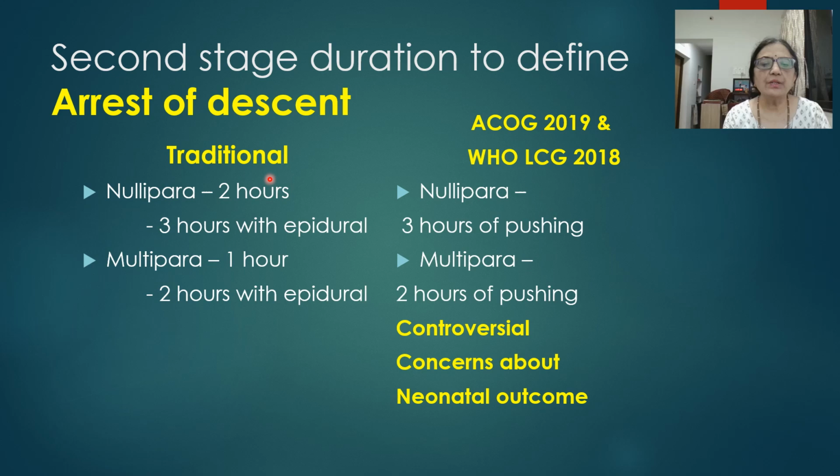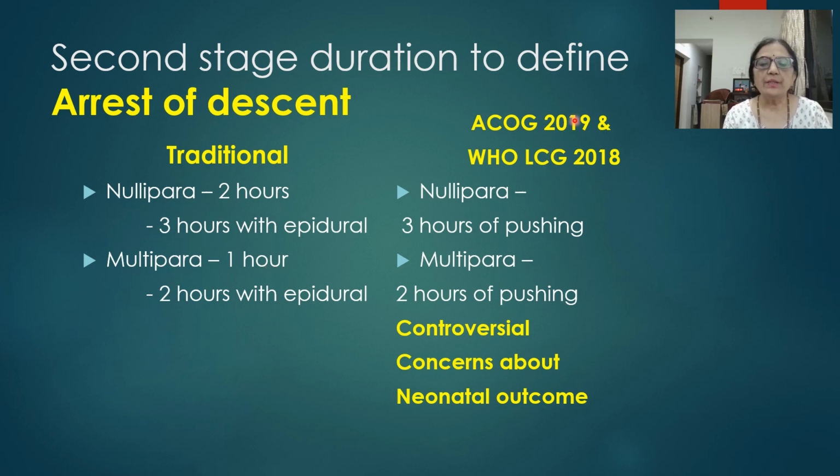Traditionally, we used to consider the duration of second stage normal for nulliparous 2 hours and multiparous patient as 1 hour. If epidural anesthesia, analgesia is being used, then 1 hour was added. For nulliparous, you wait for 2 hours after full dilatation for the patient to deliver, or you start considering it as a prolonged second stage, and for multiparous, you wait for 1 hour.